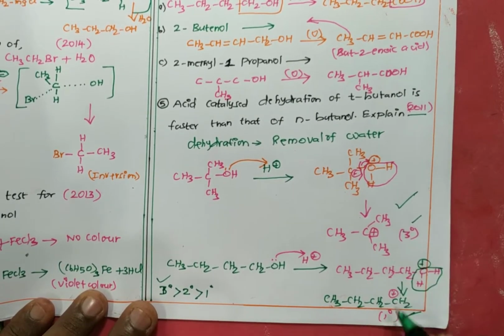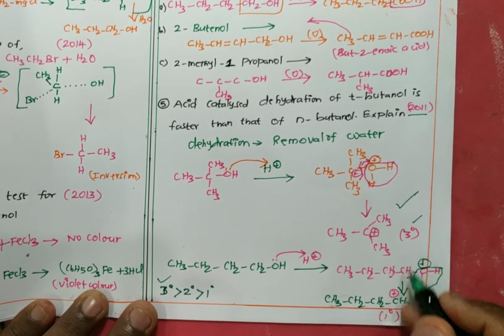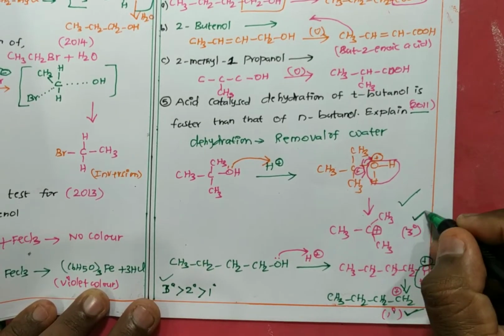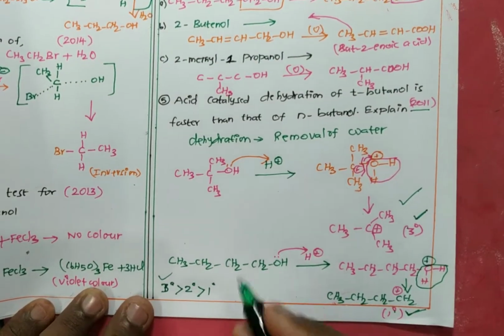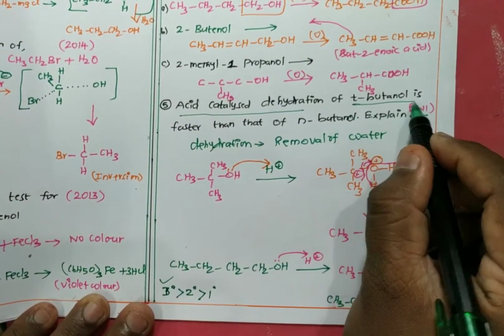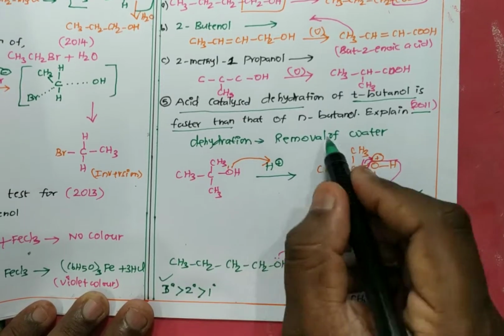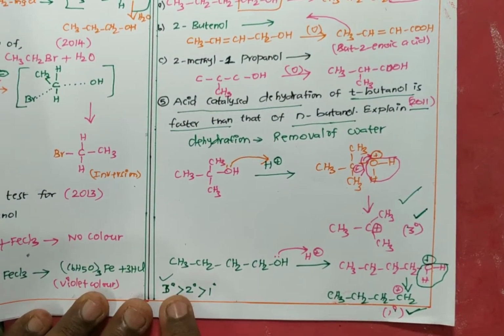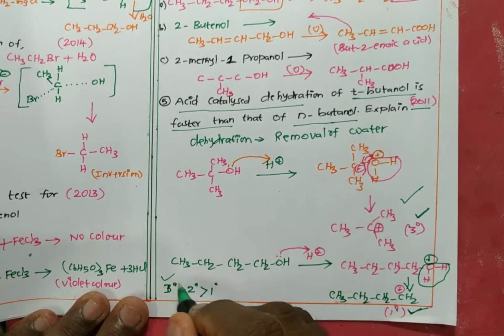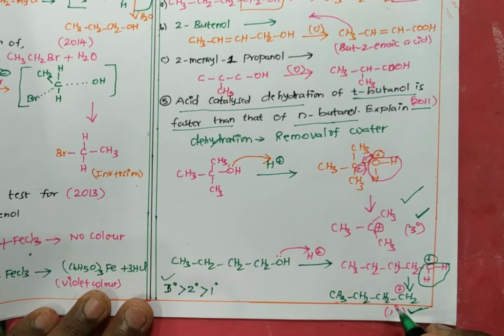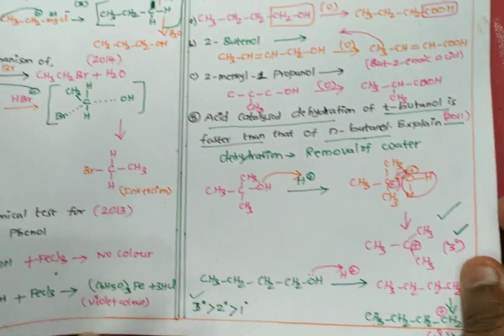When compared to a 3 degree carbocation, a 1 degree carbocation is unstable. The 3 degree is a stable carbocation, so the reaction will be very fast. So acid catalyzed dehydration of tertiary butanol is faster than that of n-butanol because of 3 degree carbocation formation in this case. This is a 1 degree carbocation, so the reaction will be very slow.